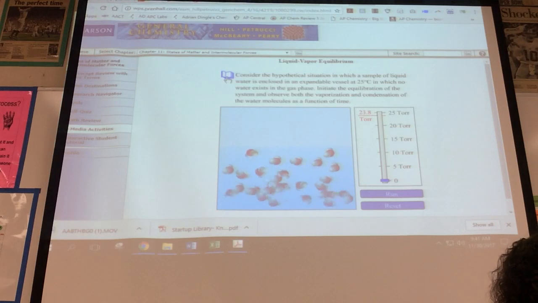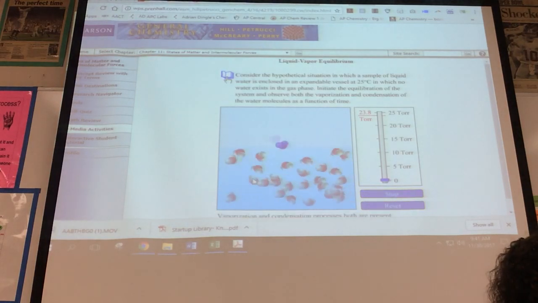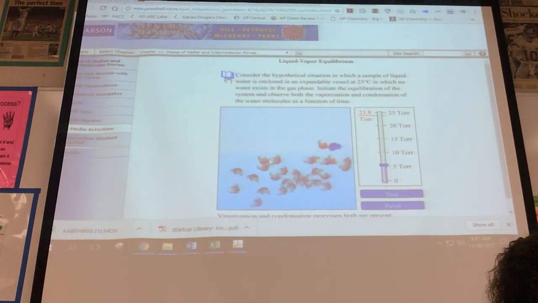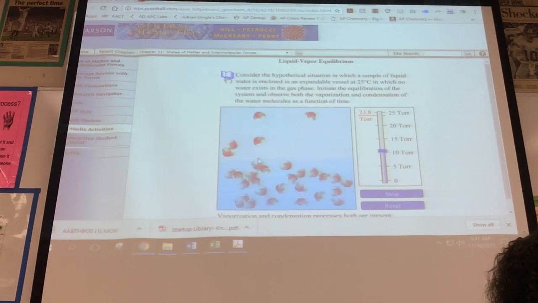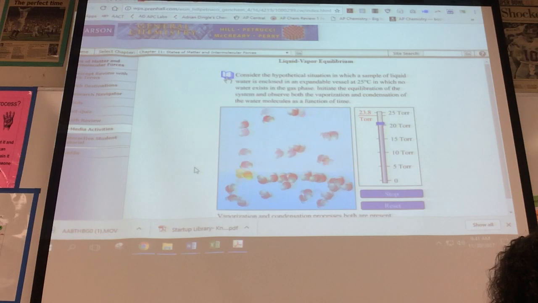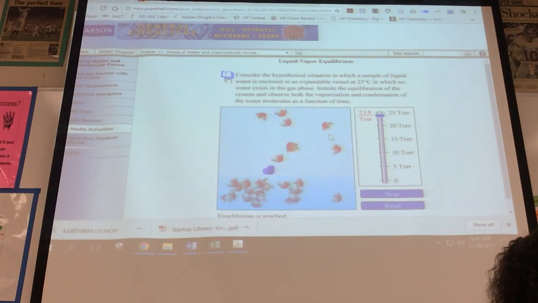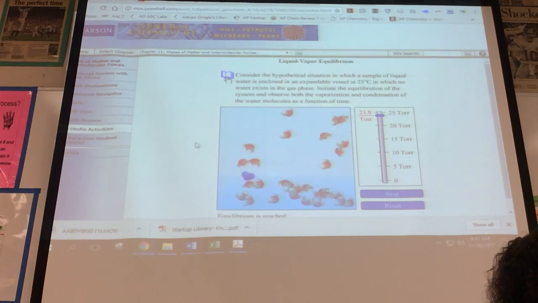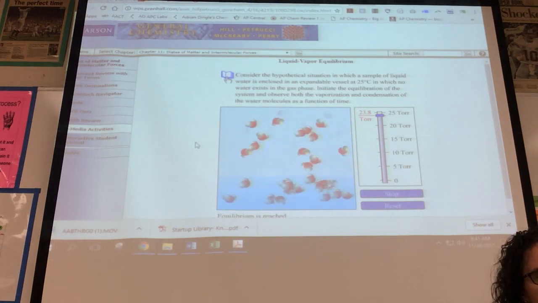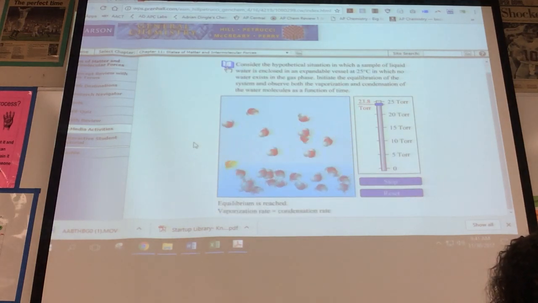So here are your water molecules, and now some of the water molecules will fly off as they have enough kinetic energy to break their IMFs and go into the gaseous state. The pressure that those gaseous water molecules exert on the walls of the container is known as vapor pressure.